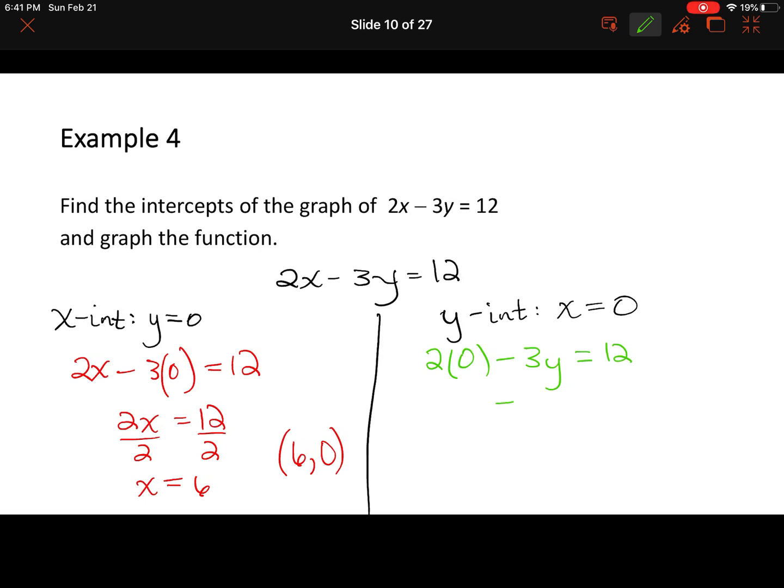And we have negative 3y equals 12. Undo this multiplication. Y equals negative 4. All right, so we have y equal negative 4. So the y-intercept is (0, negative 4).